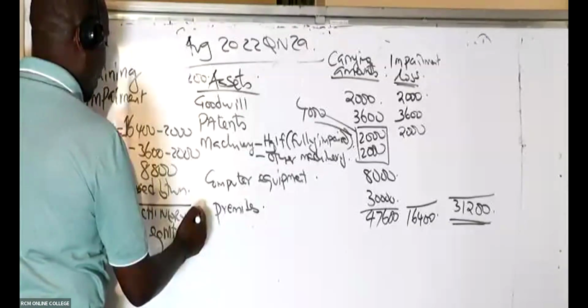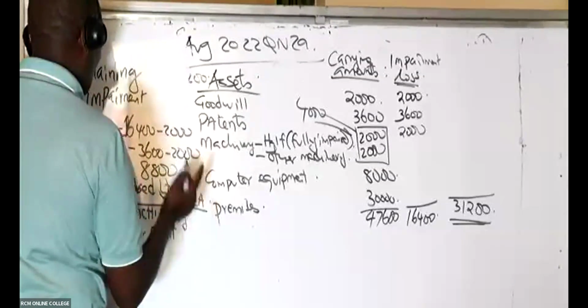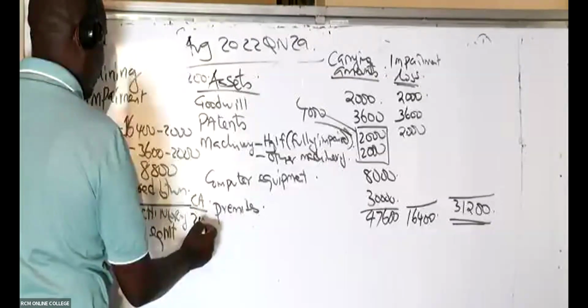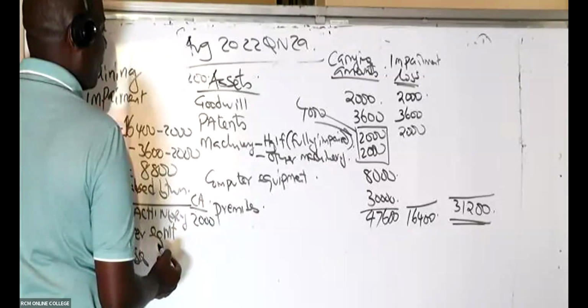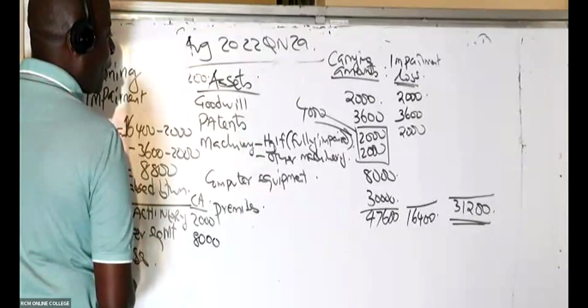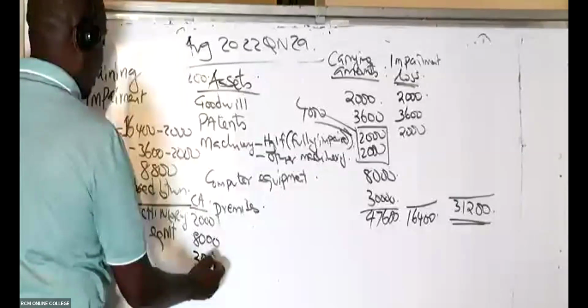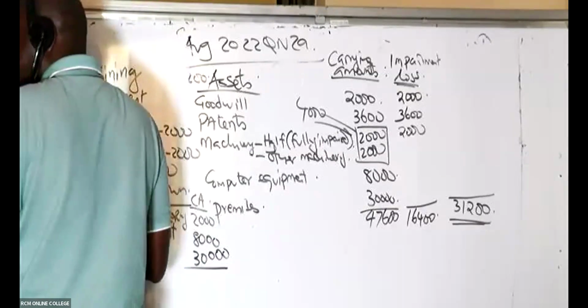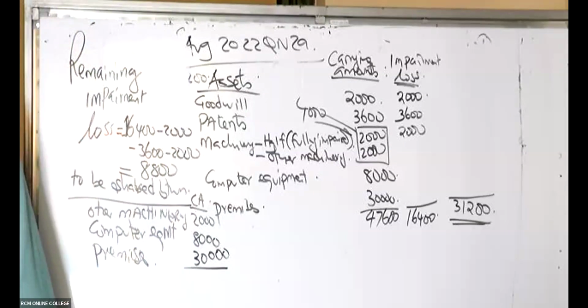Remember, for proportions we normally use carrying amounts. Other machinery is 2,000, computer equipment is 8,000, then premises, 30,000. Can somebody give me the total carrying amount for the three?